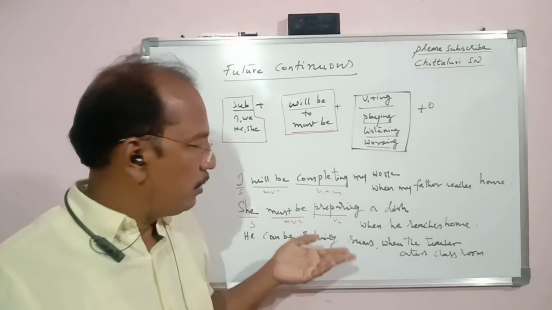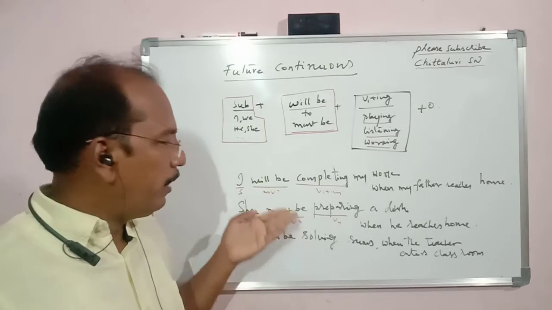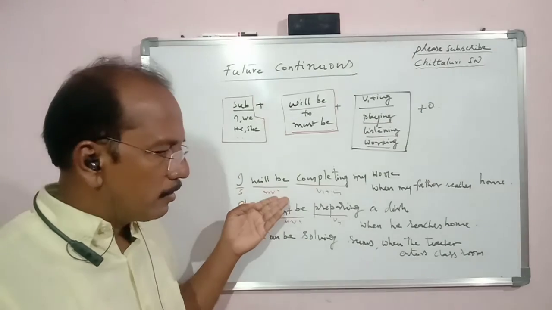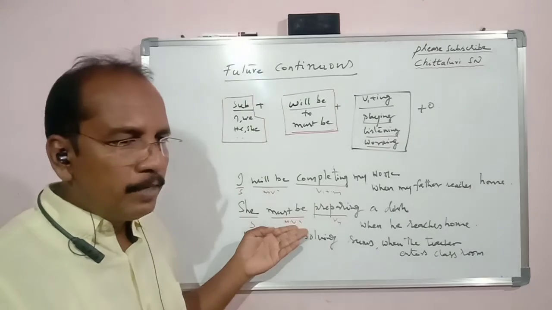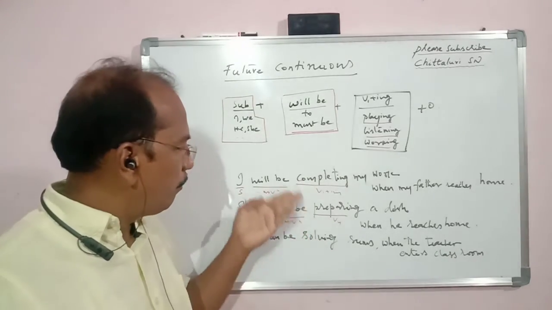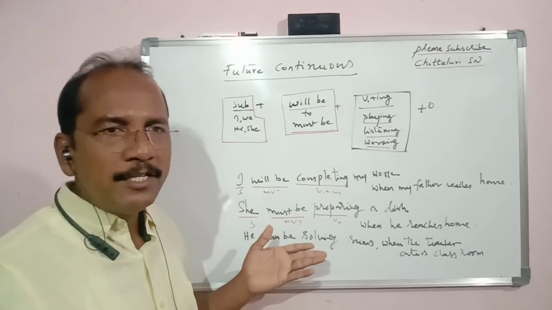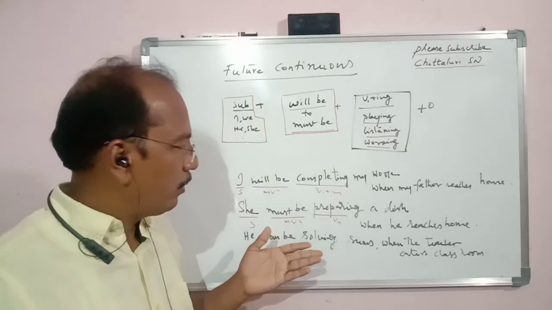Is it clear, friends? But a slight difference will be there, as these modal verbs give a certain sense compared to must be. Must be gives some other sense. But anyhow, the main sense of these modal verbs implies the future sense only. Okay.